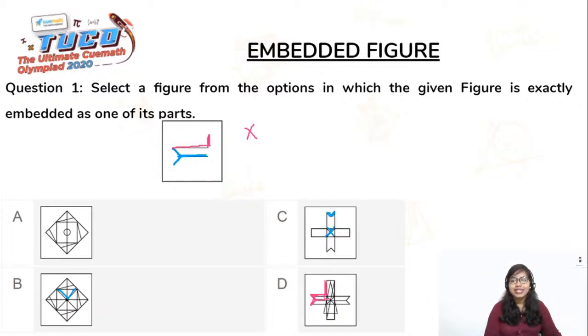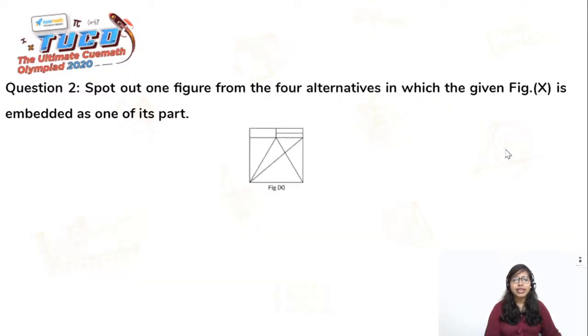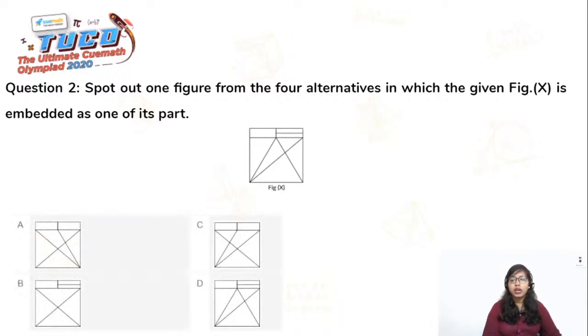All right. So let's go ahead and check out a second question. Spot out one figure from the 4 alternatives in which the given figure X is embedded as one part of it. So let's see. Here goes your options. All you need to do is observe this figure X properly and check which among the 4 options has either a part of X or the complete figure X. Okay.